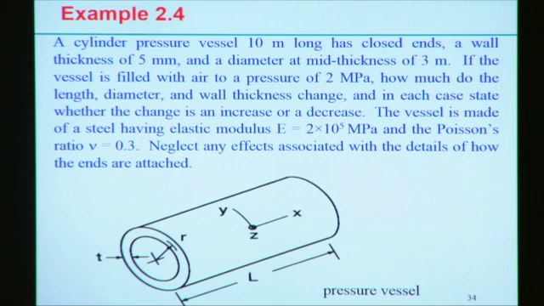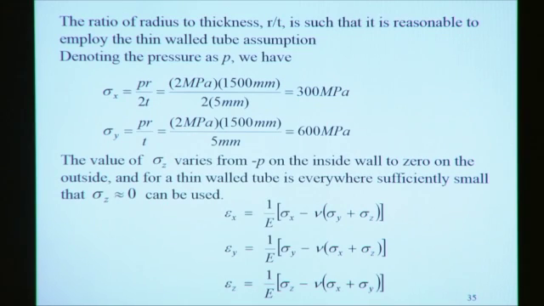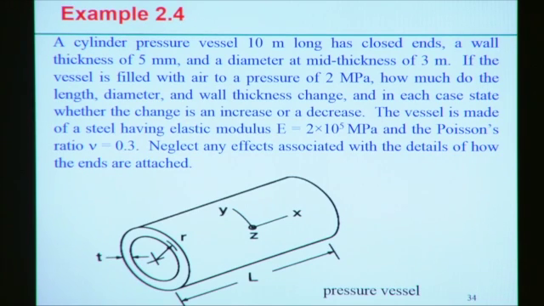If you neglect any effects associated with the details of how the ends are attached, we can find out the different amounts of strain or stresses, and the change of length along different directions.